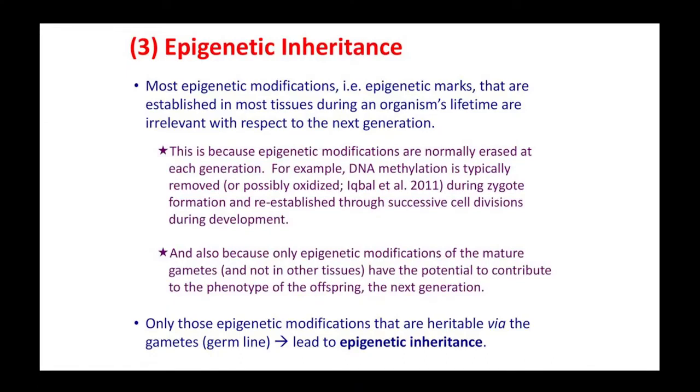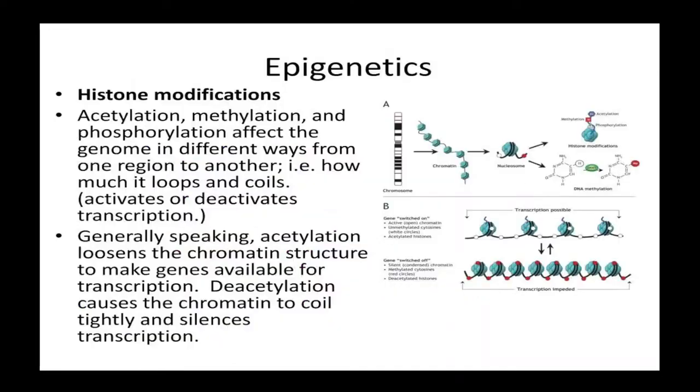Also, only epigenetic modifications of the gametes, and not of other tissues, have the potential to contribute to the phenotype of the offspring, the next generation. Only those epigenetic modifications which are heritable via the gamete germlines lead to epigenetic inheritance.